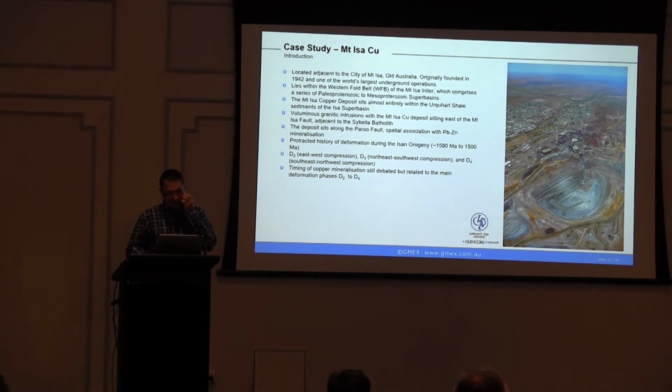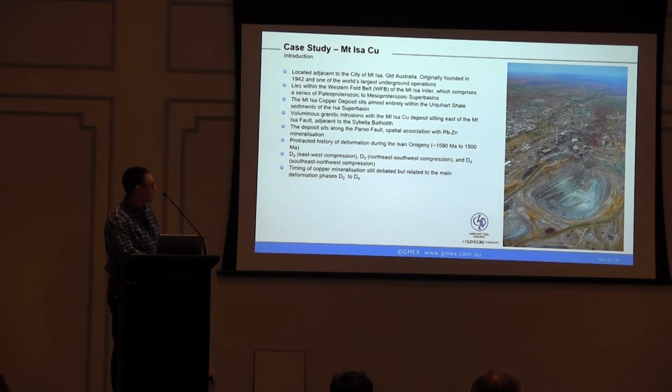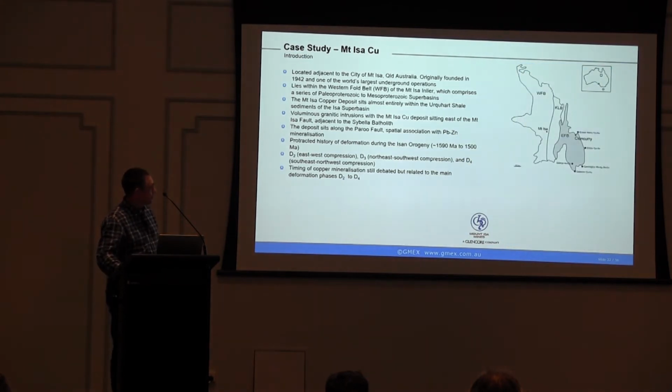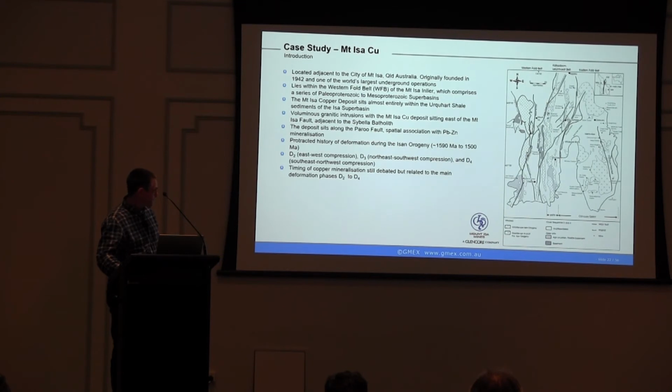Before I go on to Ernest Henry, I just want to show you some modelling on the Mount Isa copper deposit. Again, using geomechanics to look at predictions and also to highlight targets. We thought that this might have been of interest, as well as looking at Ernest Henry. So I guess I don't have to explain much about Mount Isa copper. Most people in the room will know a lot about it.